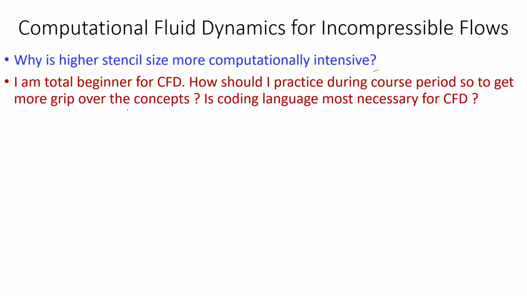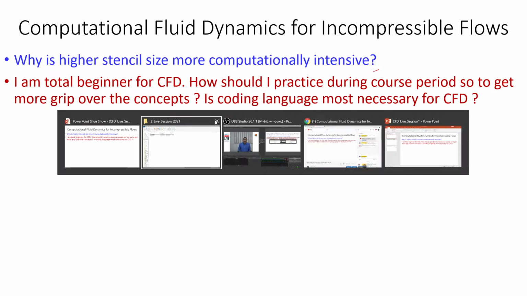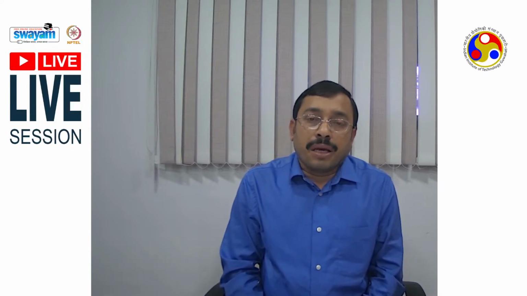The next question: I am a total beginner for CFD. How should I practice during the course period to get more grip over the concepts? Is a coding language necessary for CFD? Obviously, to learn basic CFD you should do some small coding for solving simple problems like the steady state heat conduction equation or the unsteady heat conduction equation.